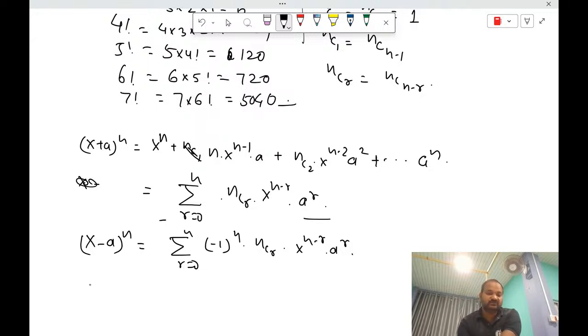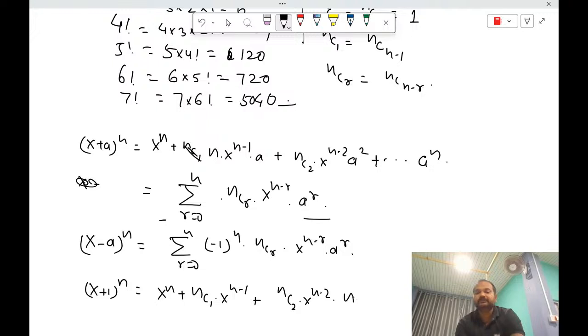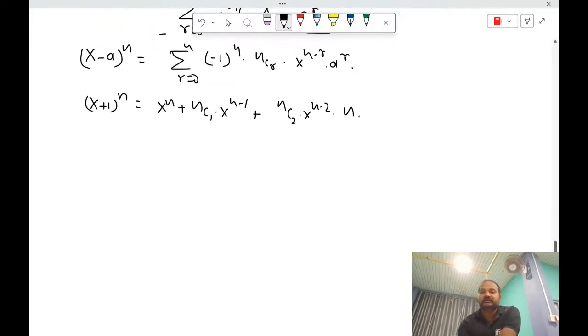If it is given (x plus 1) to the power n, this can be written as nC0 x to the power n plus nC1 x to the power n minus 1, and since 1 to the power anything is 1 itself, plus nC2 x to the power n minus 2 and nC3 x to the power n minus 3, up to nCn, that is 1, and x to the power 0 will be 1.